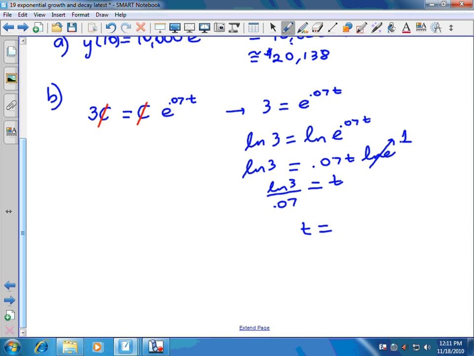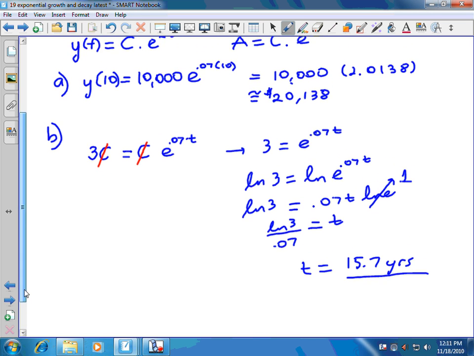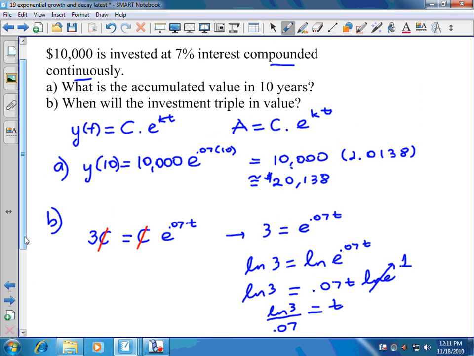And let's see what that turns out to be. Okay, I'm getting roughly 15.69. So let's just say 15.7 years, or somewhere between the 15th and the 16th year, you would expect this investment to triple in value at 7% interest.